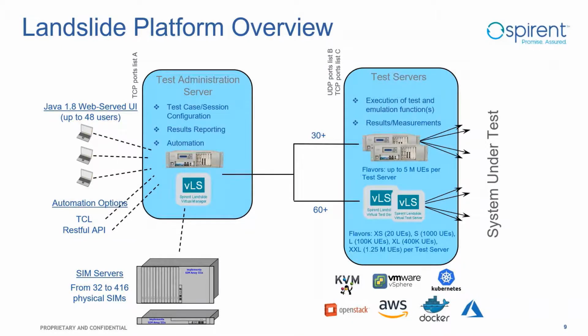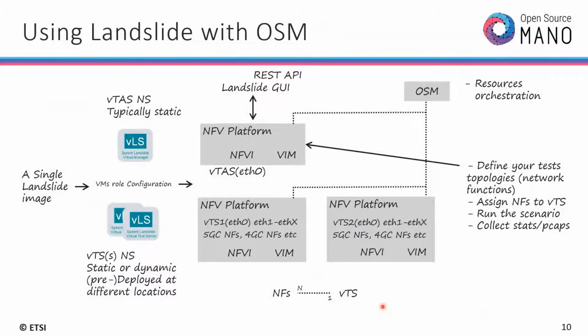And okay, how are you going to use Landslide in an OSM environment? This diagram tries to provide a high-level view of how this works. Basically, you start with a single image. If you are deploying on an OpenStack environment, you will use your qcow2 image.